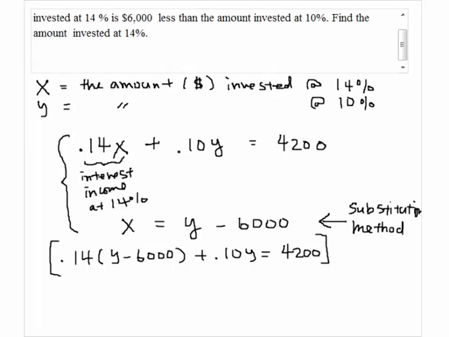By multiplying both sides by 100, we can eliminate decimals. So we have 14 times (Y minus 6,000) plus 10Y equals 420,000.